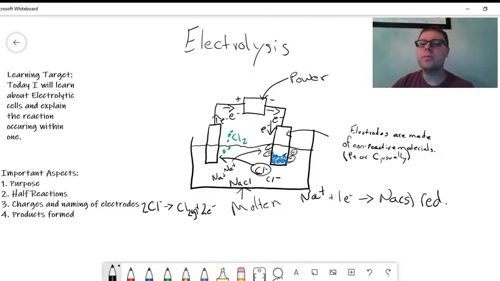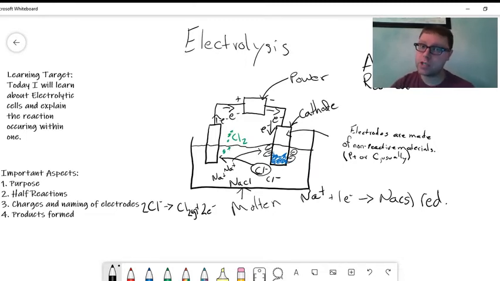Now, if you remember from the first video, I had a saying. It was an ox and red cat, okay? This is how you know what your anode and your cathode belong to, okay? Because we have our reduction reaction over here on the right electrode, we know that this one is going to be our cathode.